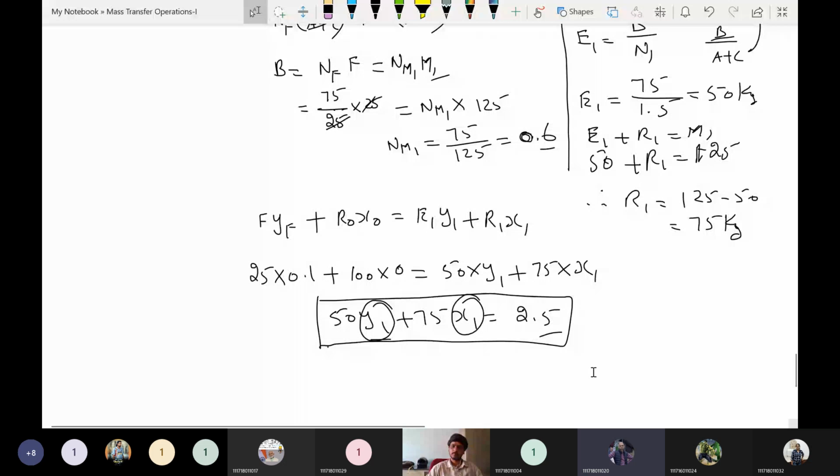And X1 is also C by A plus C. We can calculate C from that, sir. How can we calculate the value of C from this? The solution we don't know. A plus B here we don't know.